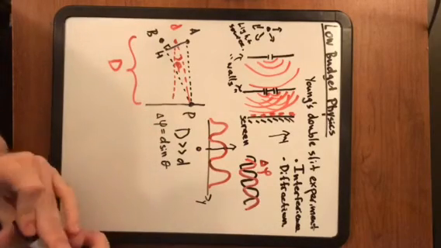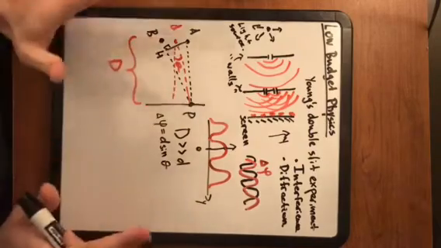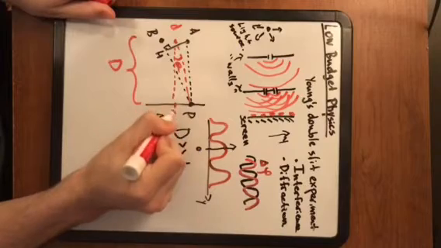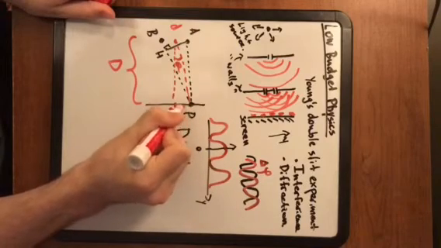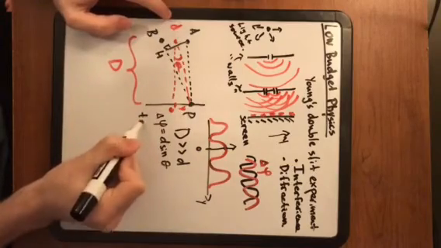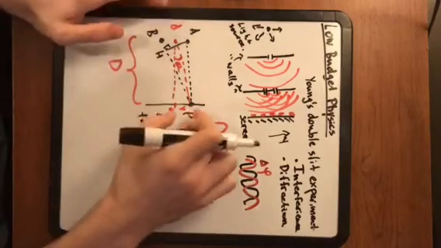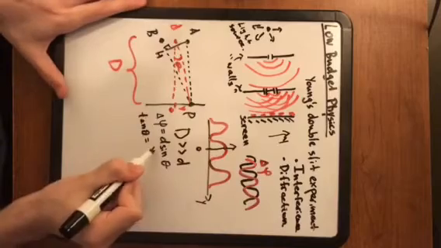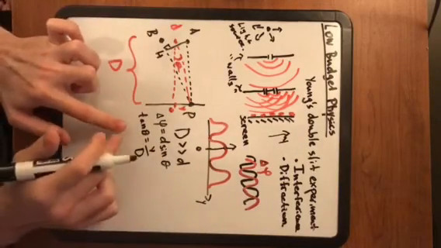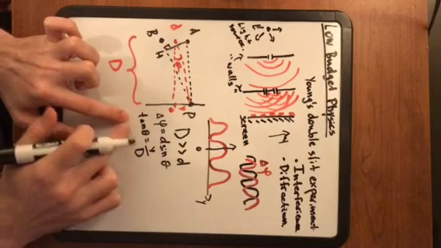Okay. Now, by the same token, if this is D, and the length from the middle, from O to P, is y, then as you can see from here, tangent of theta equals y over D. But if theta is really small, then tangent approximately equals the sine.